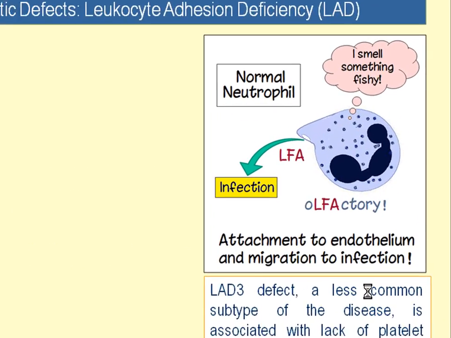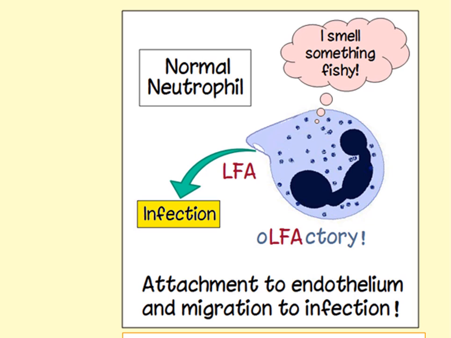Okay, look at the LAD deficiency, leukocyte adhesion deficiency. I'm showing in here a neutrophil, and normally the LFA, the leukocyte adhesion protein, is the one that identifies the bacteria, and I'm using the LFA for the mnemonic of olfactory, and this protein allows the neutrophils to identify infection in the tissues.